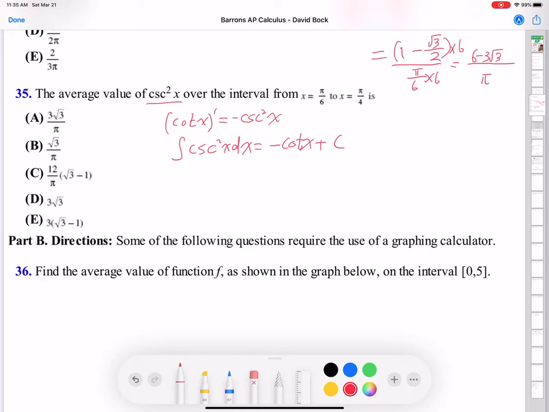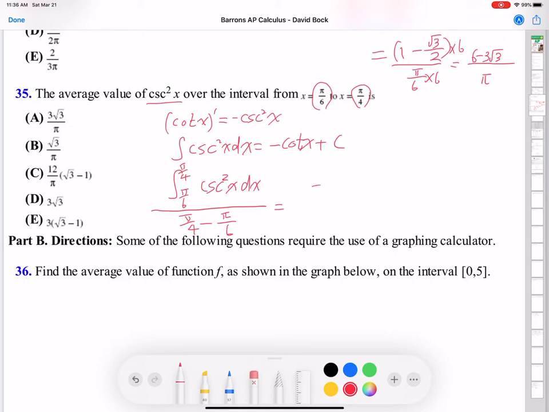So to find the average value of cosecant squared from pi over 6 to pi over 4, use that average value formula, which is integral a to b, so pi over 6 to pi over 4 cosecant squared x dx over b minus a, pi over 4 minus pi over 6.